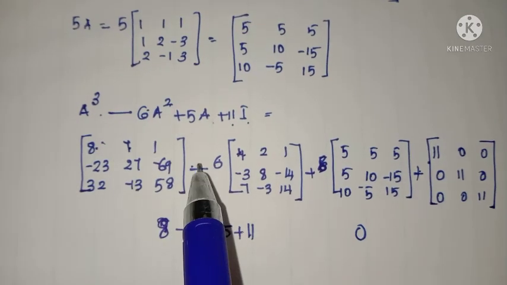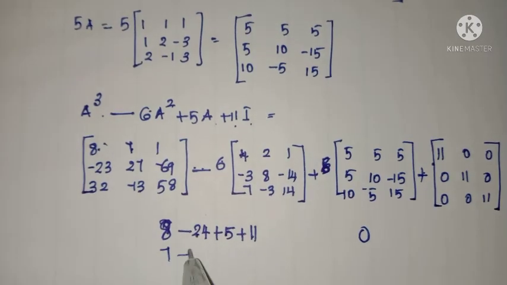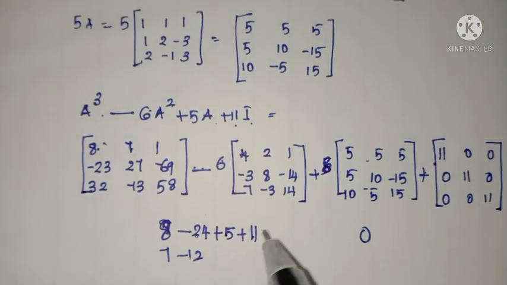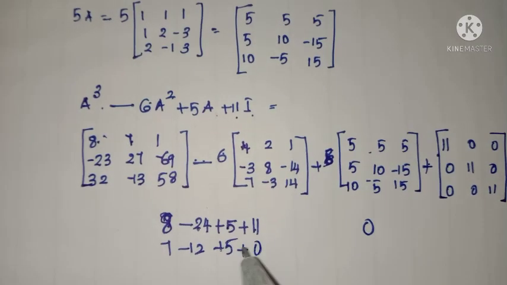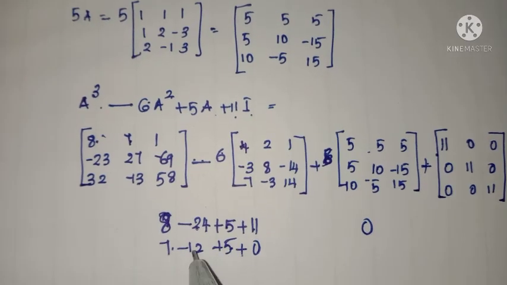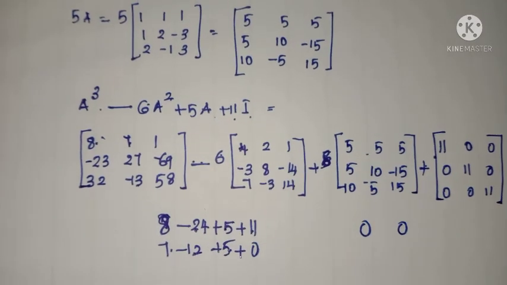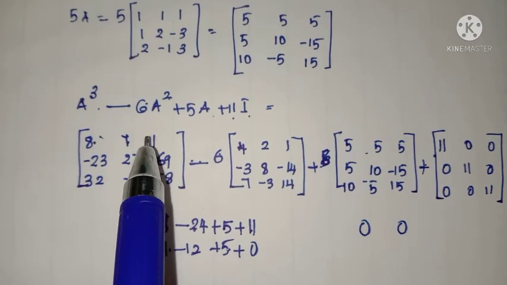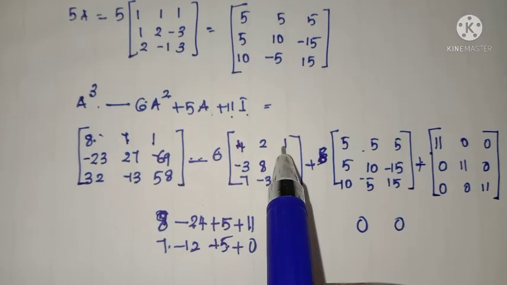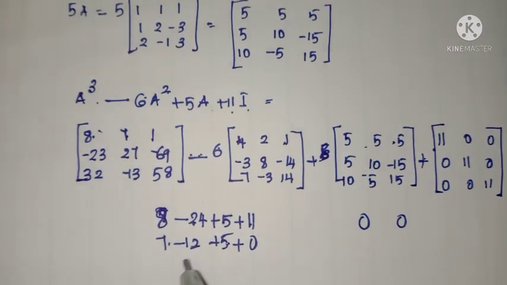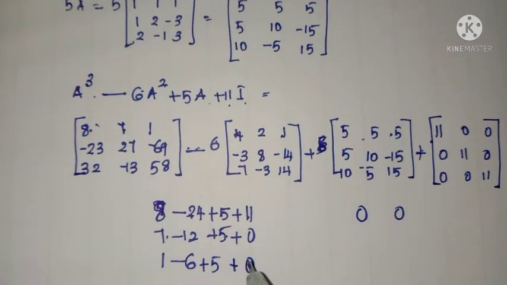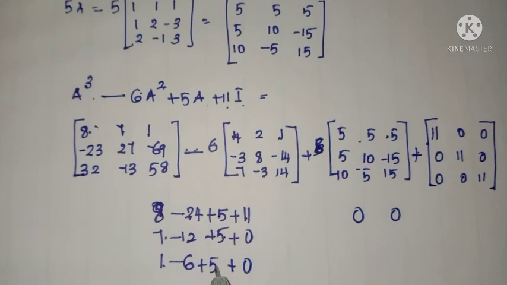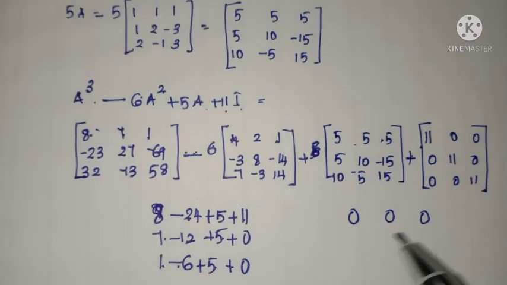Now 7 minus 12 plus 5 plus 0 gives 7 plus 5, 12. 12 minus 12, 0. Now third element, 1 minus 6 plus 5 plus 0. 1 plus 5, 6. 6 minus 6, 0.